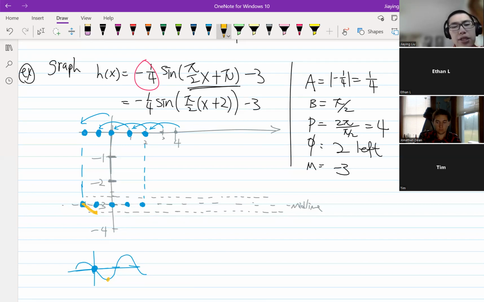So that's where it is. And then after that, it's going to go up, returning to the midline. And after that point, it's going to continue to increase. It's going to reach the maximum, and then it's going to come down to the midline. I think I graphed it too much, but you get the idea. So that's one period.